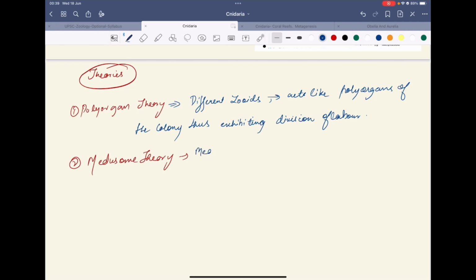So the medusa stage shows polymorphism, which is extremely significant for the colony.